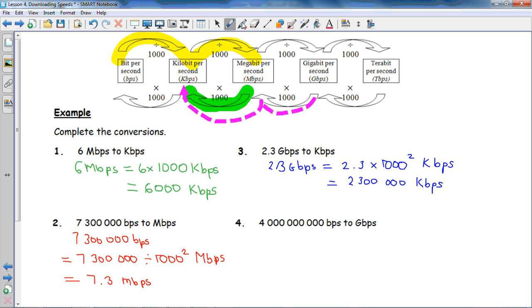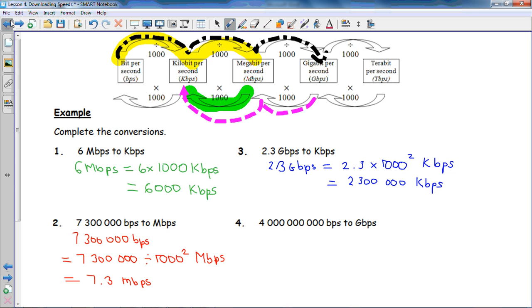So our final example, we are going from bits per second all the way to gigabits per second. So we're going to divide by 1,000 3 times. Now there's a number of different ways you can think about that. You are crossing off 9 worth of zeros, and we're just going to be left with 4 gigabits.